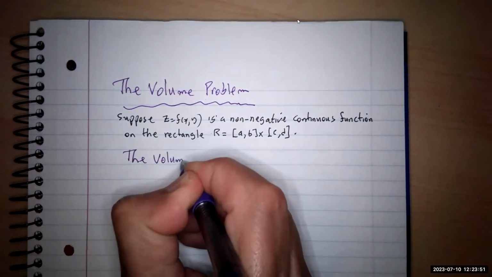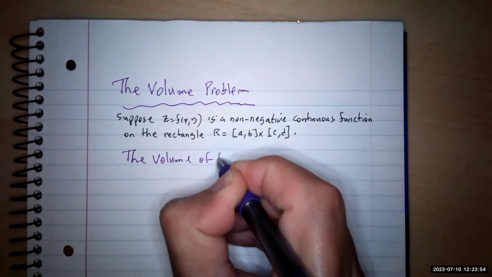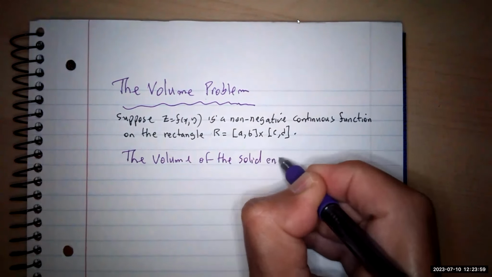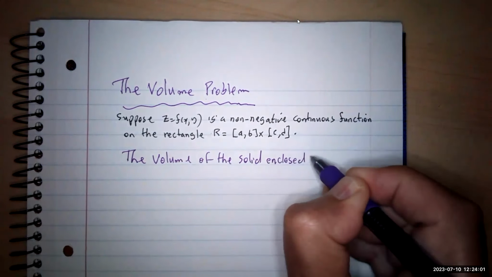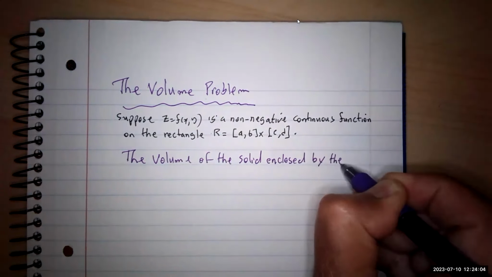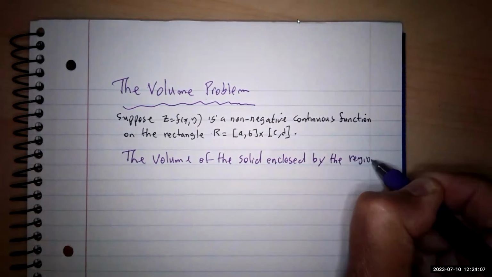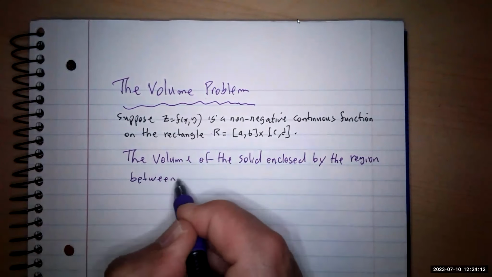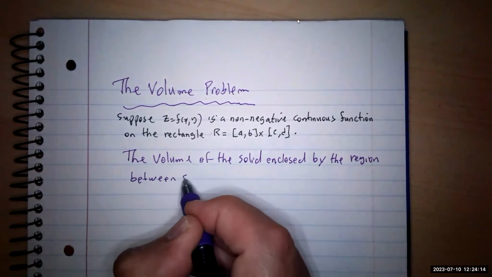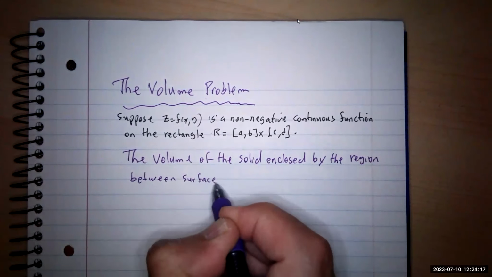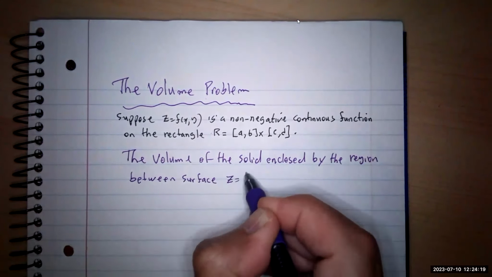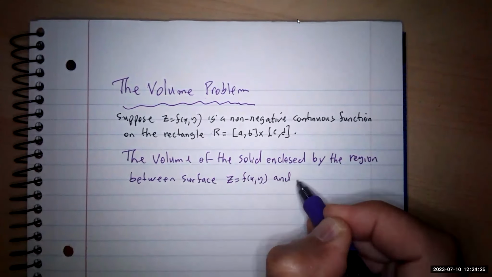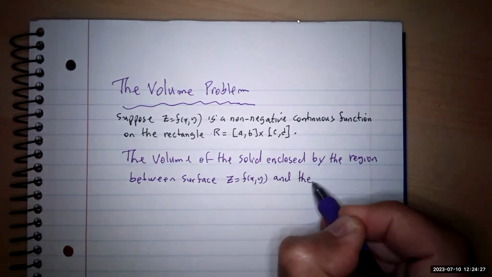The volume of the solid enclosed by the region, again as you saw it, between the surface z equal to f of x and y, which was the top cover, and the cross section, which was the rectangle.